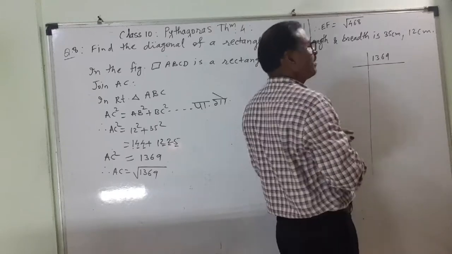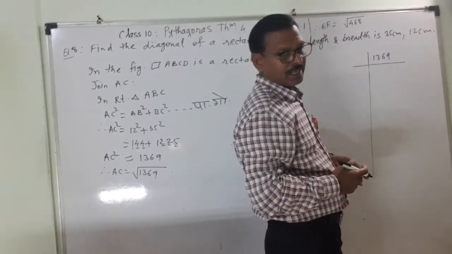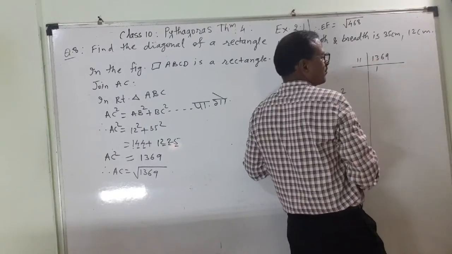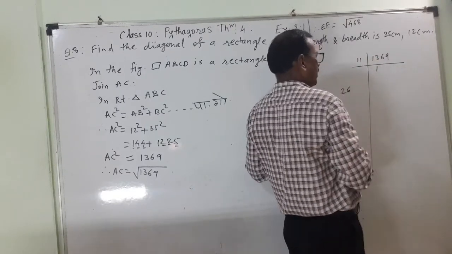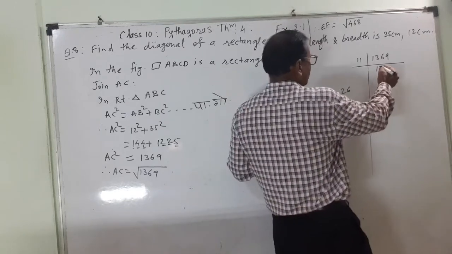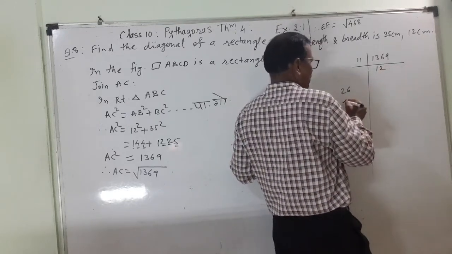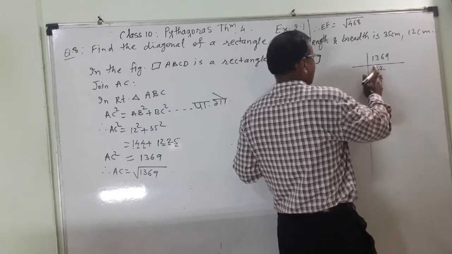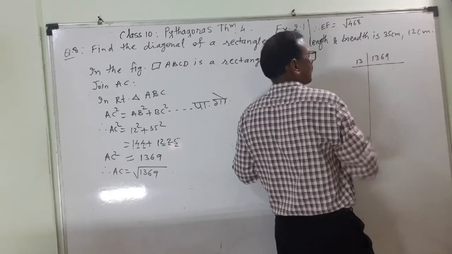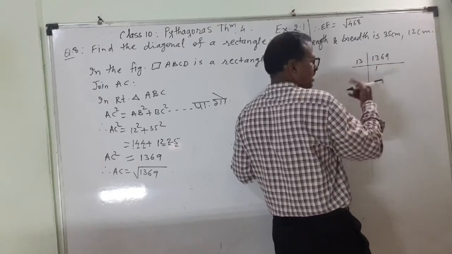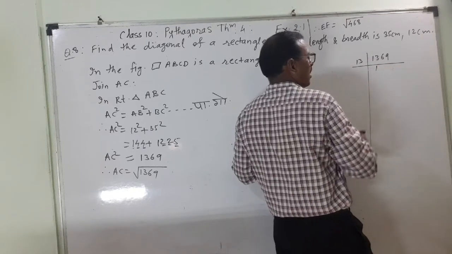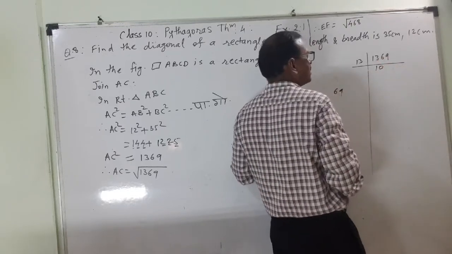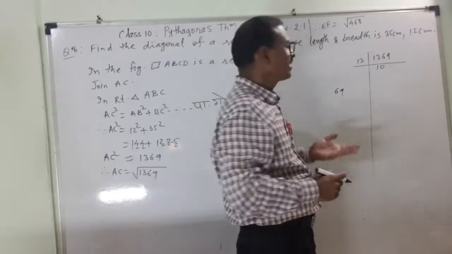So next will be 11. 11 1 is 11, 2 remains. Take 6, now 11 2 is 22, remains 4, 9, not divisible. Then by 13. 13 1 is 13, then next is 0 and 69. 13 6 are 78.